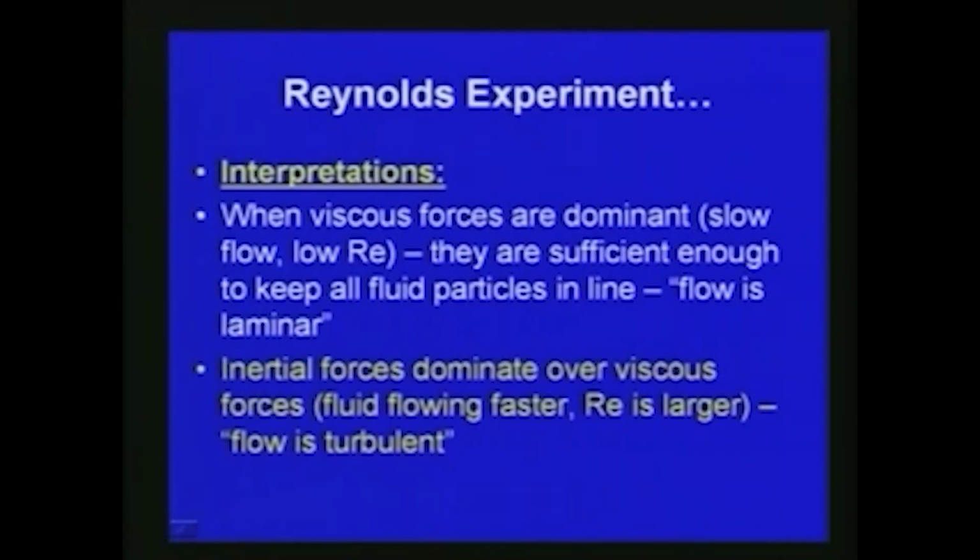Even if there is any tendency for disturbances, for this kind of flow, where the velocity is low or the flow is slow and the Reynolds number is low, the disturbance will be dampened. Here the viscous forces are dominant and the flow is laminar. Whenever the fluid flow is faster, the velocity is larger and the Reynolds number is larger, the inertial forces dominate over viscous forces, and finally the flow becomes turbulent.